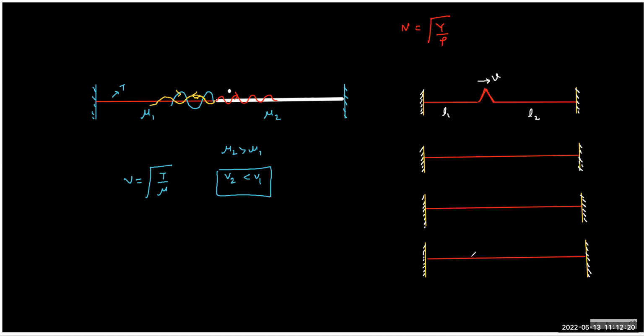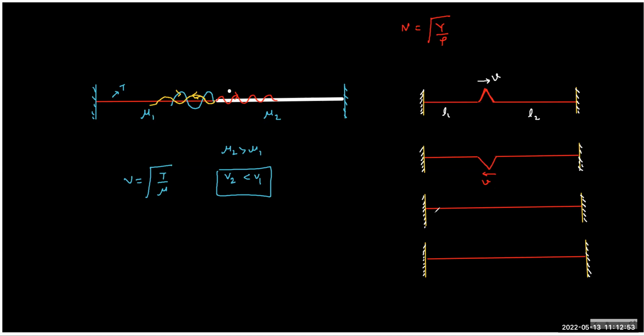whenever a transverse wave hits a fixed end, it will always change the phase. So the wave will travel and will hit the right end, and will reverse. While coming back, it will travel this way.